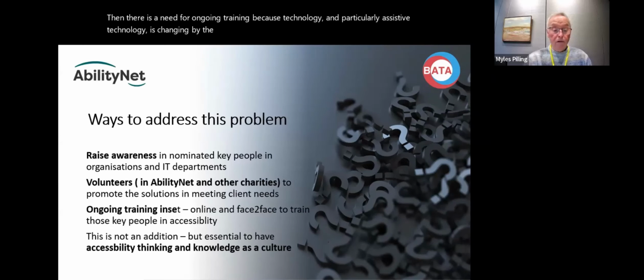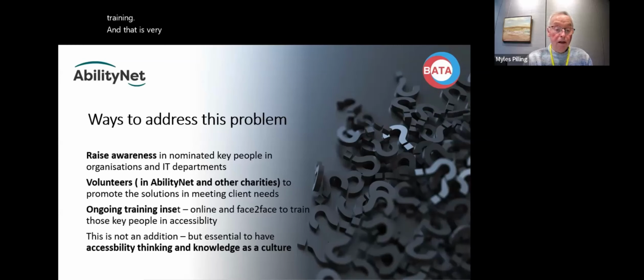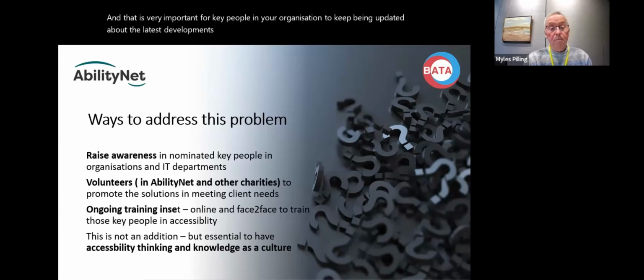And that is very important for key people in your organization to keep being updated about the latest developments. And of course, the buzzword at the moment is AI, artificial intelligence. More of that at the end.